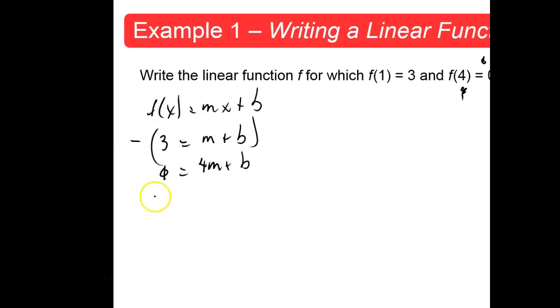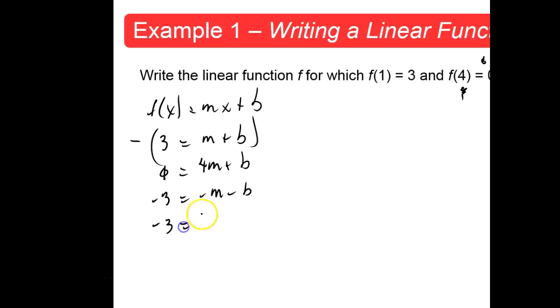So that gives you minus 3 is equal to minus m minus b, right? We just negated the top one, wrote it here. Now you can add the two equations together and you eliminate the b, right? It's called elimination by addition. Y'all remember this, right? Been a long time, okay? So add those two and what do you get?